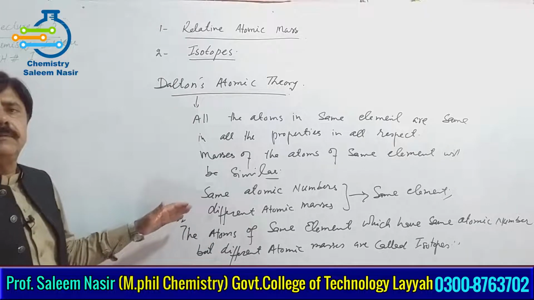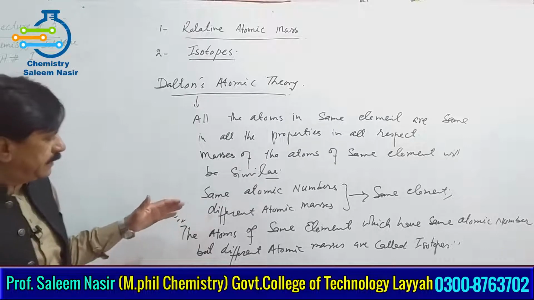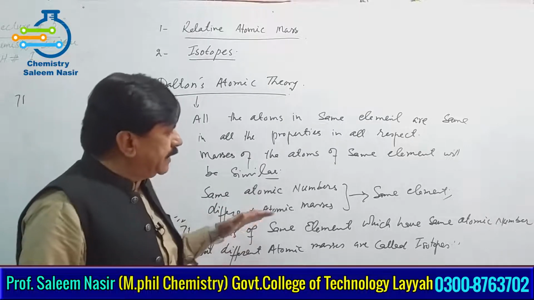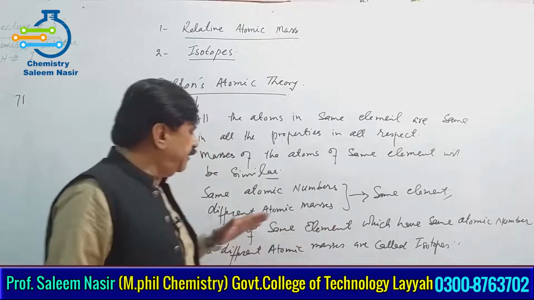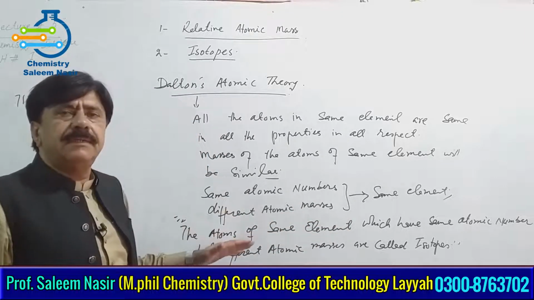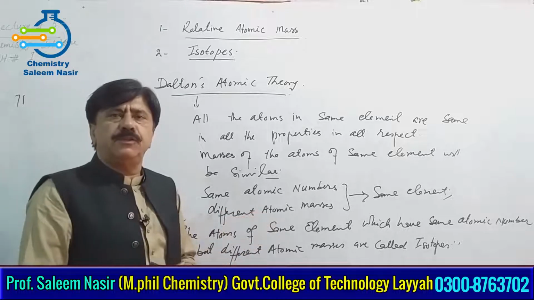So isotopes are defined as the atoms of the same element which have the same atomic number but different atomic masses.